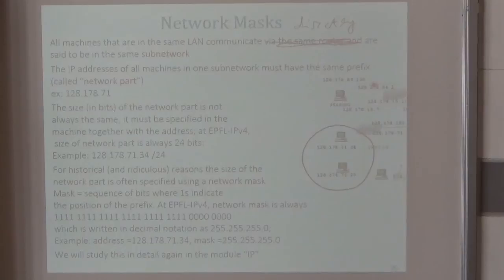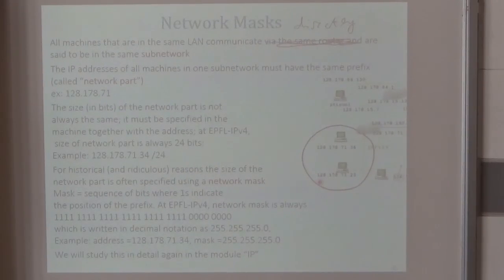So at EPFL, all machines that are in the same LAN, you can recognize that by looking at the first 3 bytes, which means the first 24 bits. So at EPFL, the first 24 bits indicate the prefix. Two machines that have the same first 24 bits are in the same LAN.